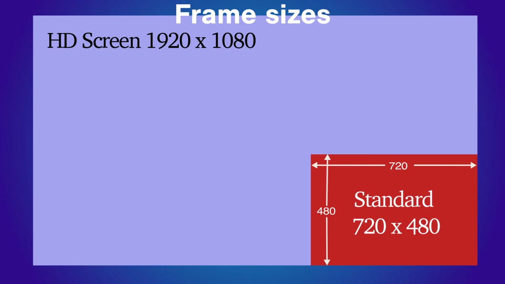16 by 9 was chosen because it has a more cinematic look, and as long as they were screwing around with things, they wanted to choose a different frame aspect ratio so that it would be more compatible with movie content and other content out there that they wanted to be able to broadcast.